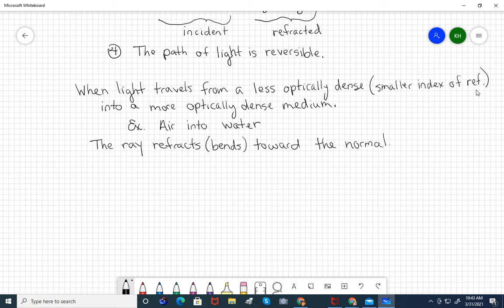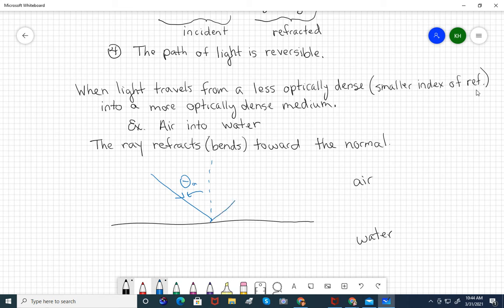So for example, let me draw the boundary horizontally instead of vertically, just to mix it up. Here's our boundary, and pretend it's straight. So maybe up here is air, maybe down here is water. Doesn't have to be. Here is an incoming ray. Here's the normal. We measure from the normal, so this is theta A. Here's the refracted ray.